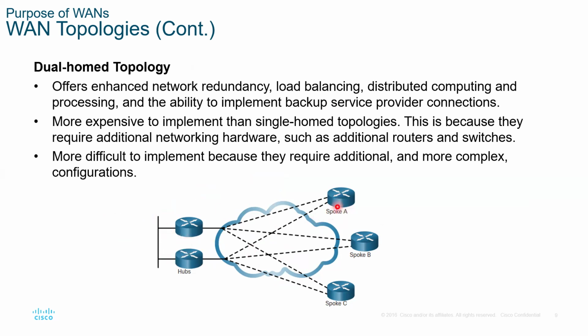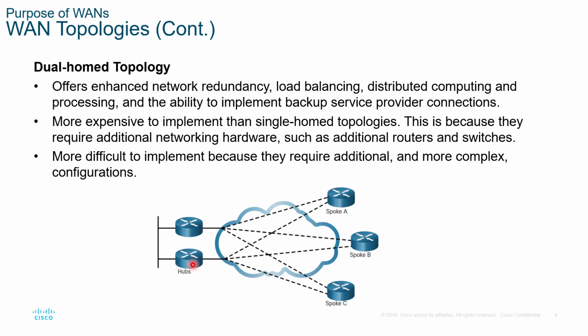So if you look at A, it is connected to this hub and this one as well. That's why it's called a dual-homed topology. So by definition, a device is connected to two separate networks. Why? This greatly improves reliability, redundancy of a network.